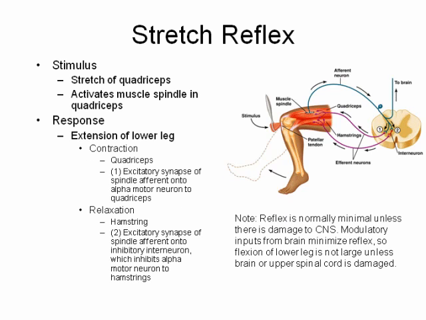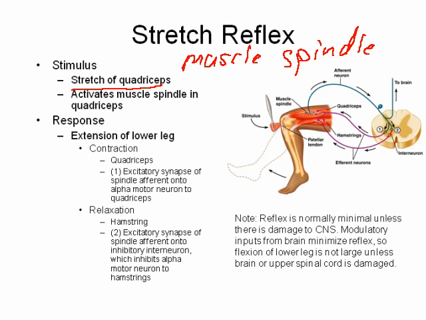So look at the stretch reflex. The stretch reflex, first of all, is a response to stretch, in this particular case, of the quadriceps. This is also sometimes called the knee-jerk reflex because, in fact, it elicits a jerking motion when we tap on the knee. But the important thing here is that stretch of the quadriceps. The stretch is activating muscle spindle afferents, which we talked about in a previous lecture.